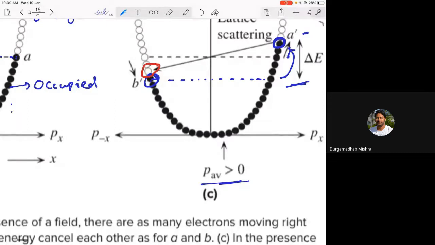The conductivity happens only due to electrons close to the Fermi level. Electrons far below the Fermi level normally do not contribute anything to the conductivity process.